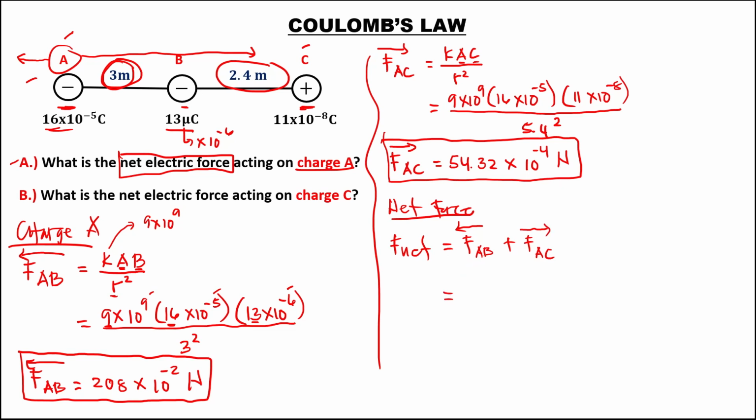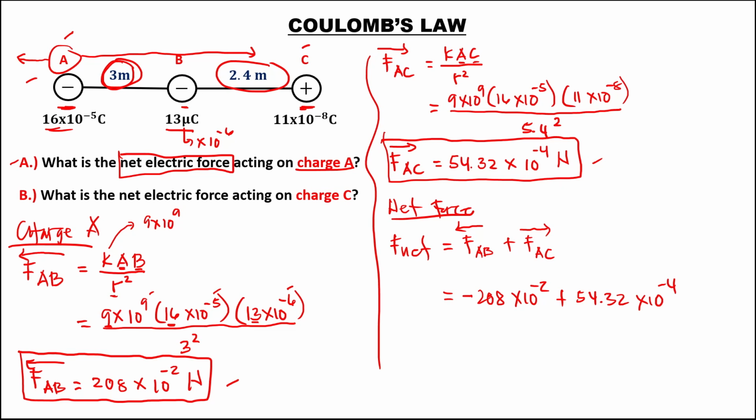Since the force between A and B is to the left, this value becomes negative. So we have negative 208 times 10 to the power negative 2, plus, since the force is to the right, this value is positive, 54.32 times 10 to the power negative 4.